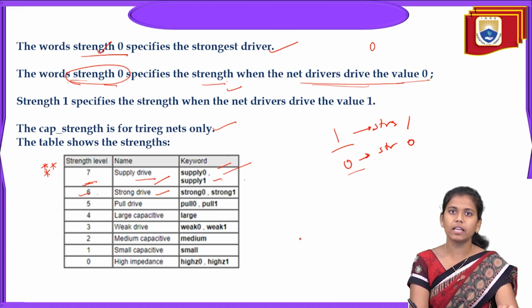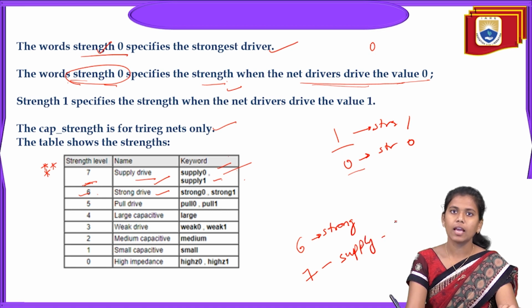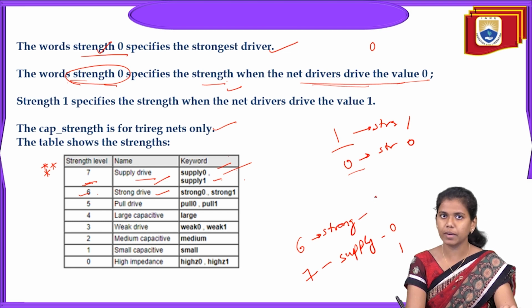So strength level 6 is for strong, and strength level 7 is for supply, where the keywords are supply 0 and supply 1, whereas strong is strong 0 and strong 1.